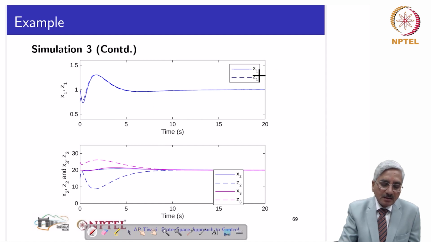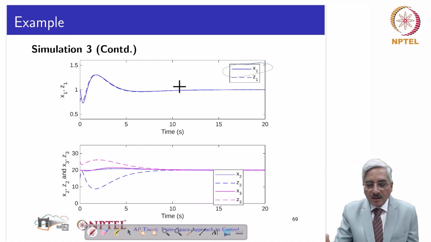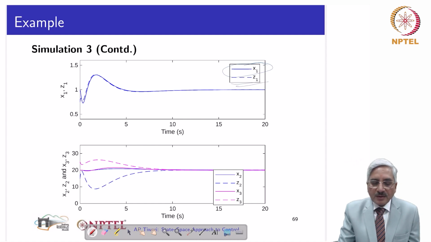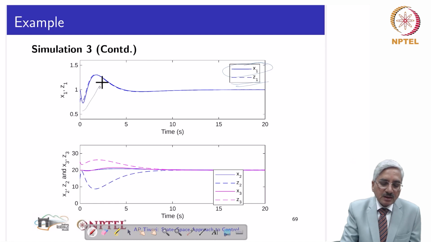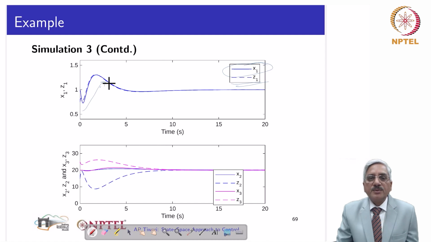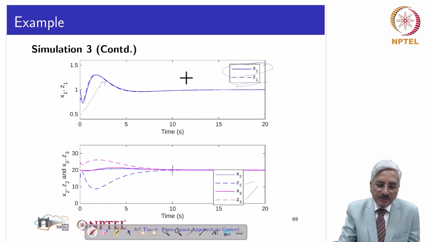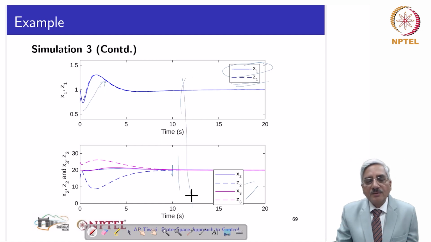We see that even though x1 undergoes variation because we are feeding back the observer states, z1 starts approaching x1 as it was doing in the previous simulations, and z2 and z3 also start approaching x2 and x3, and the time taken is of a similar order. Again, it is a matter of where the observer poles were placed.